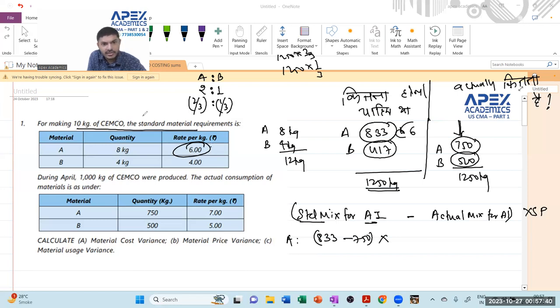This is your budget. B. What is the standard mix for actual input for B? And for B, what is the actual? 500. Standard price? 4. So 833 minus 750 multiplied by 6 will give you how much? 498.